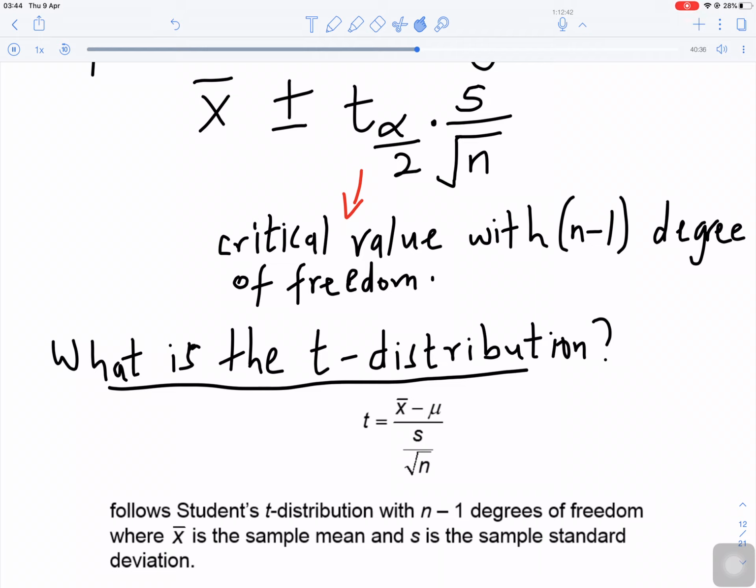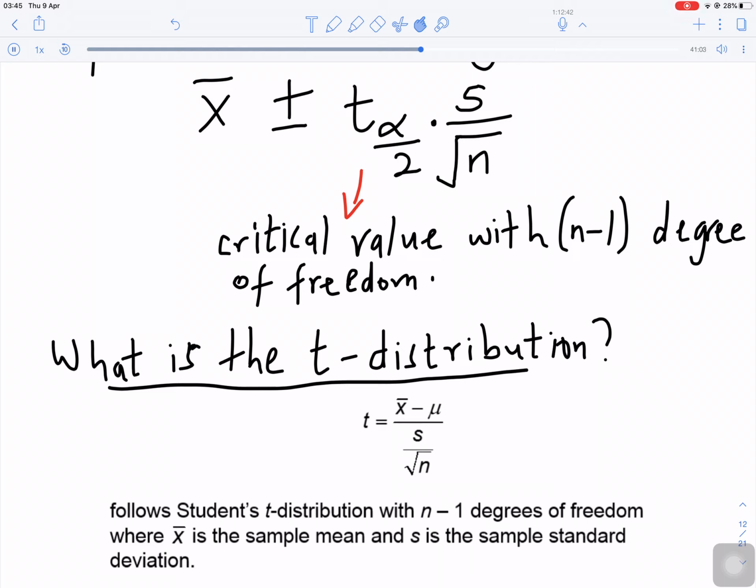In 9.1, we used the standard normal distribution, which we denote with Z. There we had the critical value Z alpha over 2. But in 9.2, we are using the t distribution because this is what is appropriate when you only know the sample standard deviation and you have a small sample size.